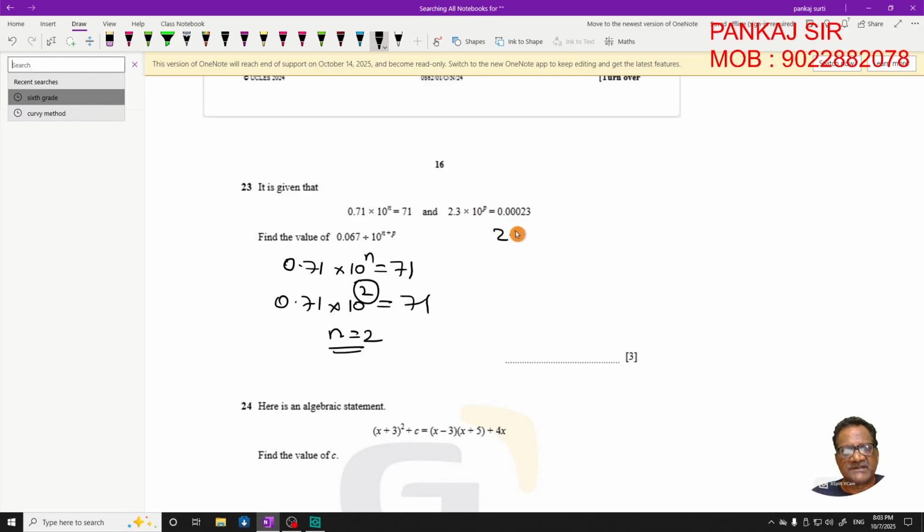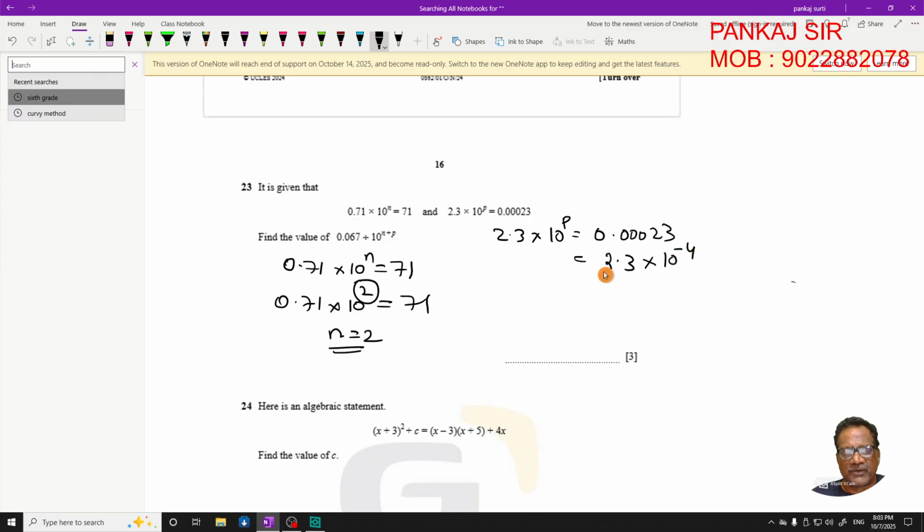Same way, 2.3 times 10 raised to p is equal to 0.00023. Here I will try to make it 2.3. To make 2.3, I will have to shift the decimal 1, 2, 3, 4 times to the right, so I'll multiply this by 10 raised to minus 4.